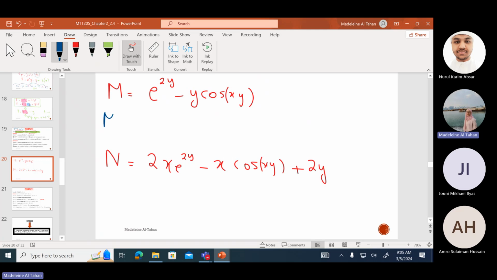We will find M_y for this one and N_x for this one, and then we will compare them together.